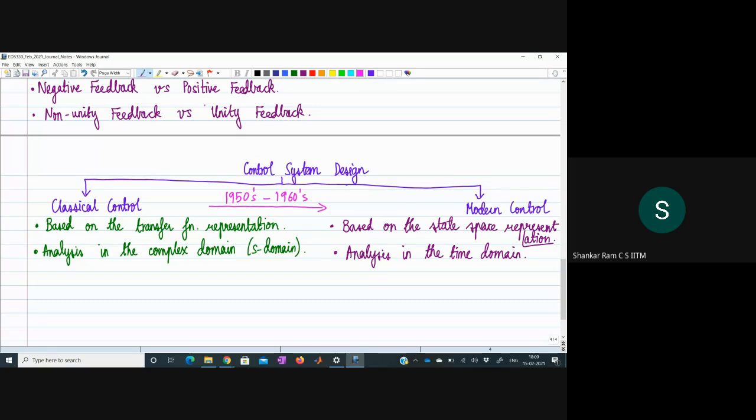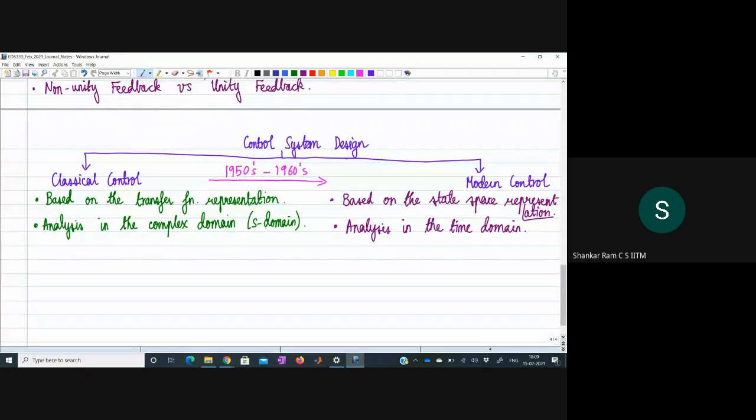Then, when the invention of the integrated circuit and semiconductor devices propelled the adoption of digital electronics, the analysis in the time domain became more feasible and practical, and obviously there were relevant developments wherein people looked at utilizing this invention to their advantage as far as implementing control systems was concerned, right?